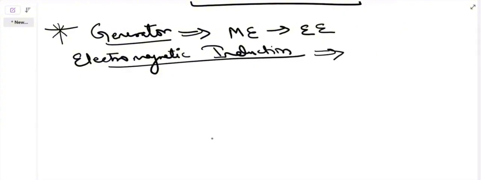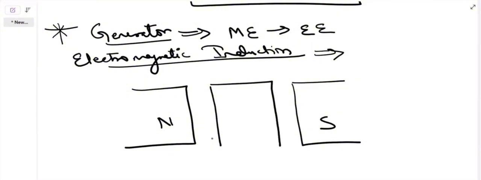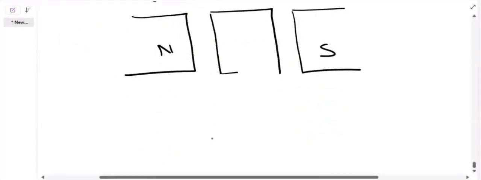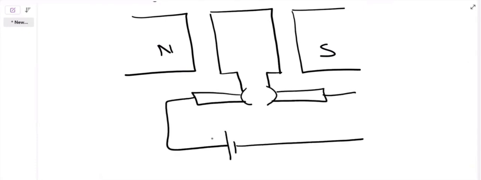What do we do in electromagnetic induction? Suppose here we have the magnet, that is the north pole and the south pole. Here I am keeping a rectangular coil. Through this rectangular coil, let's say the brush has been connected and the current is flowing through the circuit. Suppose here is the key and I connect this key.